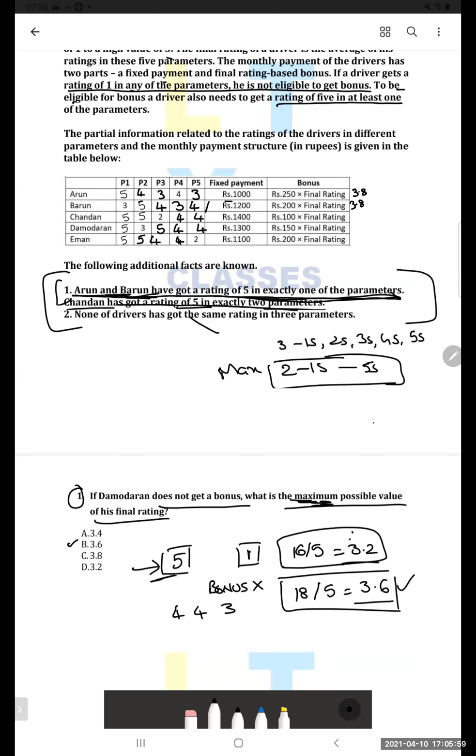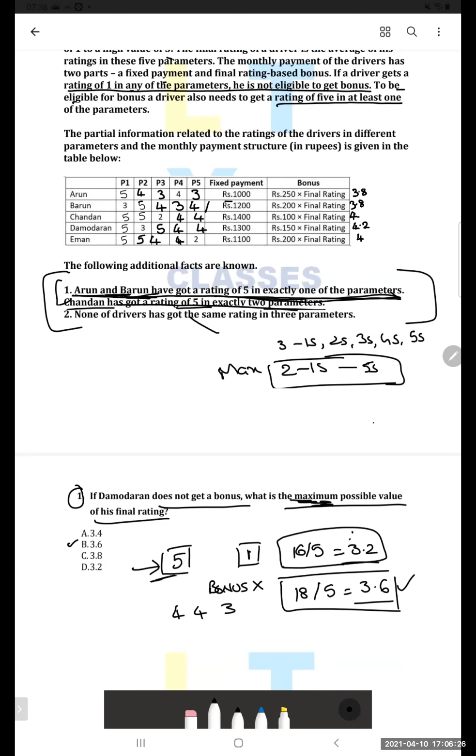Chandan is 4, sir. Damodar is 4.2, sir. Okay, good. Eman is 4, sir. We can't get 5, since 5 means 5, 5 has happened.